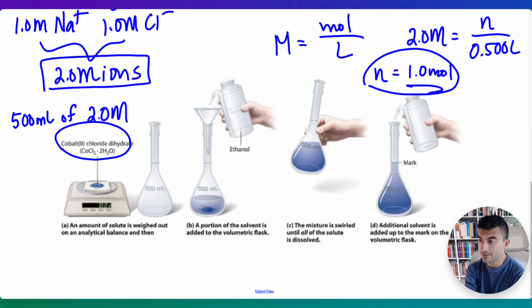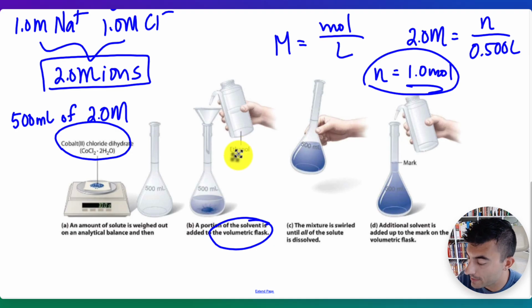Once we measure out the mass of the required solute, we're going to grab a volumetric flask, right? That was a very important piece of glassware that we went over. You're going to pick a volumetric flask that is the size of the solution you want to make. So if I want to make 500 milliliters of solution, I'm going to grab a 500 milliliter volumetric flask. We're going to add the solute to the flask. We're going to add a little bit of whatever the solvent is.